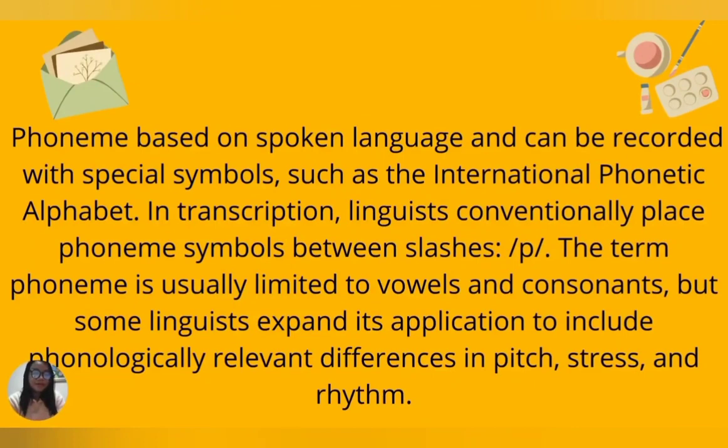Phonemes are based on spoken language and can be recorded with special symbols such as the International Phonetic Alphabet, and in transcription, linguists conventionally place phoneme symbols between slashes. The term phoneme is usually limited to vowels and consonants, but some linguists expand its application to include phonologically relevant differences in pitch, stress, and rhythm.